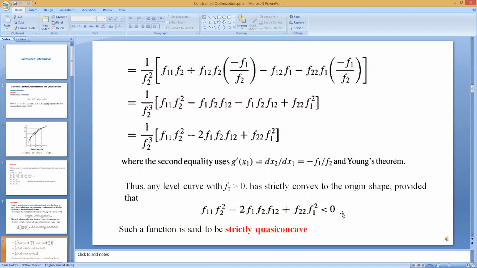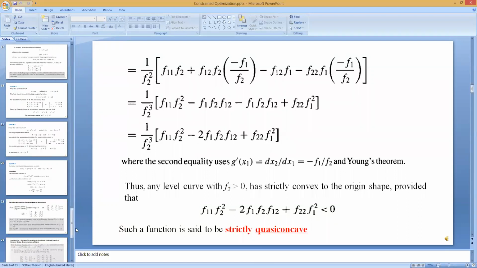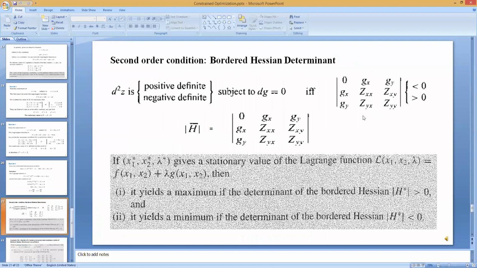This is possible if and only if H2 bar is greater than 0.